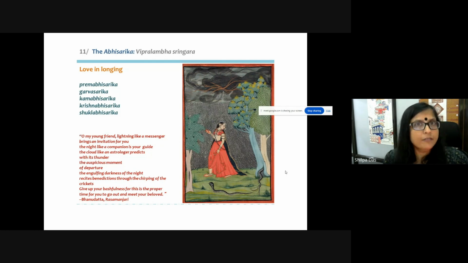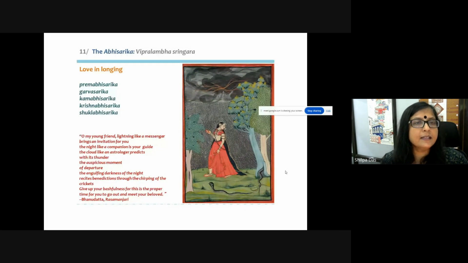So Keshav Das talks about three kinds of Abhisarikas. He says there is the Prema Abhisarika, who is very sure of her love and she sets out to meet her beloved. There is the Garva Abhisarika, who is also setting out to meet her beloved, but she is very self assured of her beauty, and she's confident that she can draw her beloved towards her.